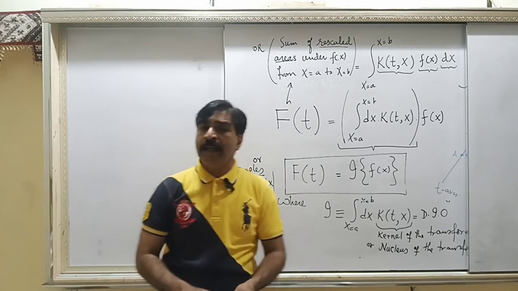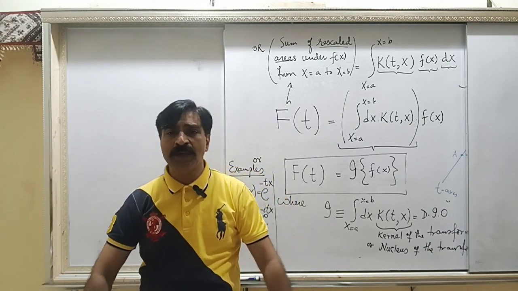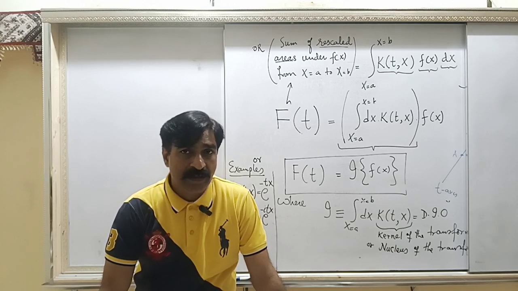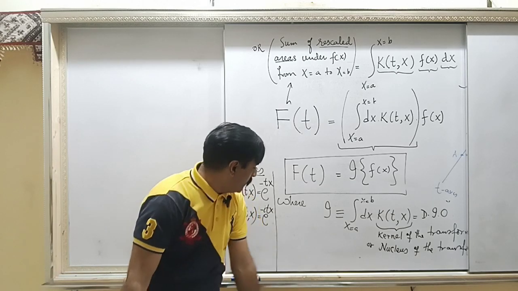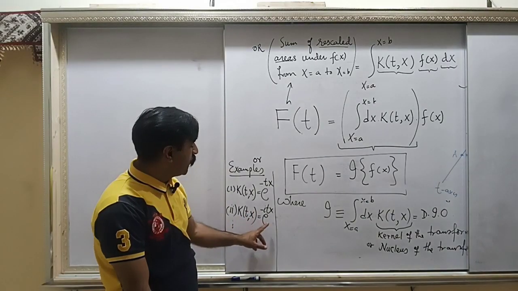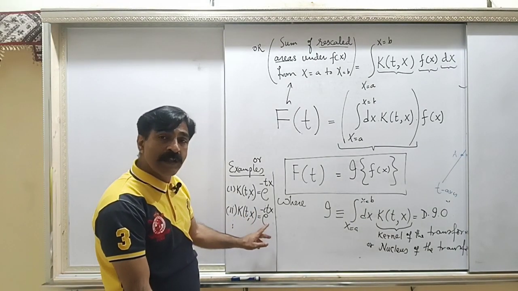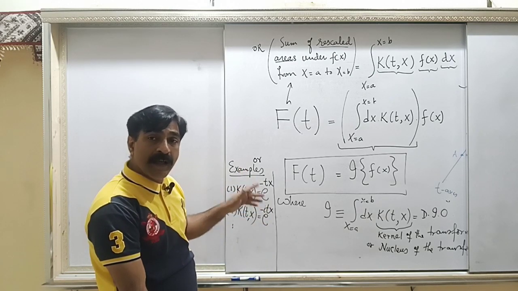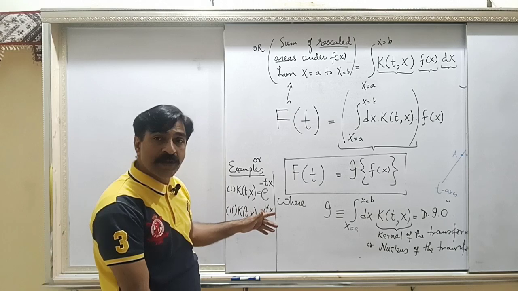There are many different transforms which are used in the literature on mathematics, physics and engineering. Remember, the Fourier transform, this is the kernel of the Fourier transform, and the Fourier transform is the super king or emperor of information technology.